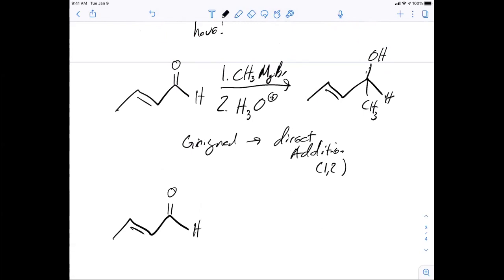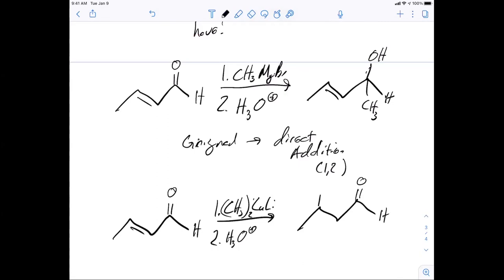If we react this with a cuprate, so our Gilman reagent, so our copper lithium reagent, we're going to get the beta addition.